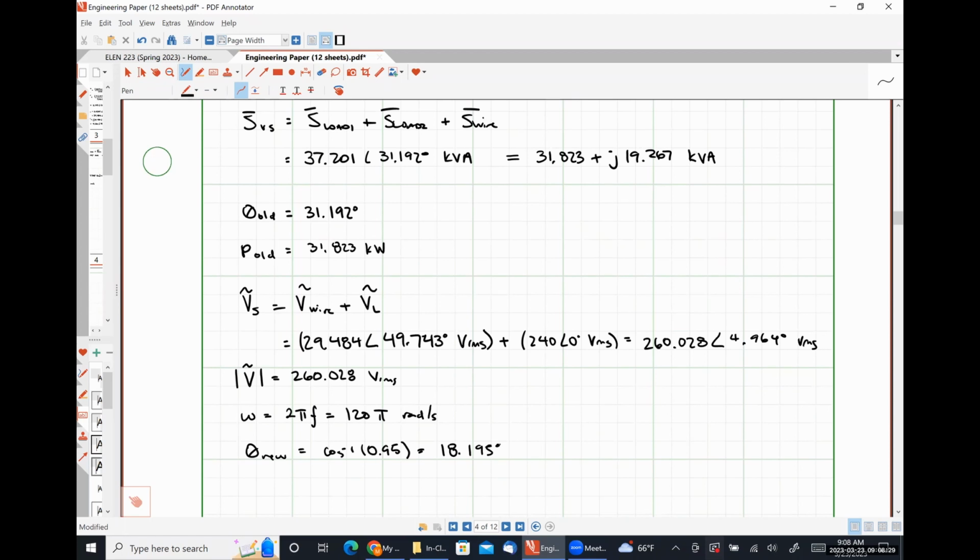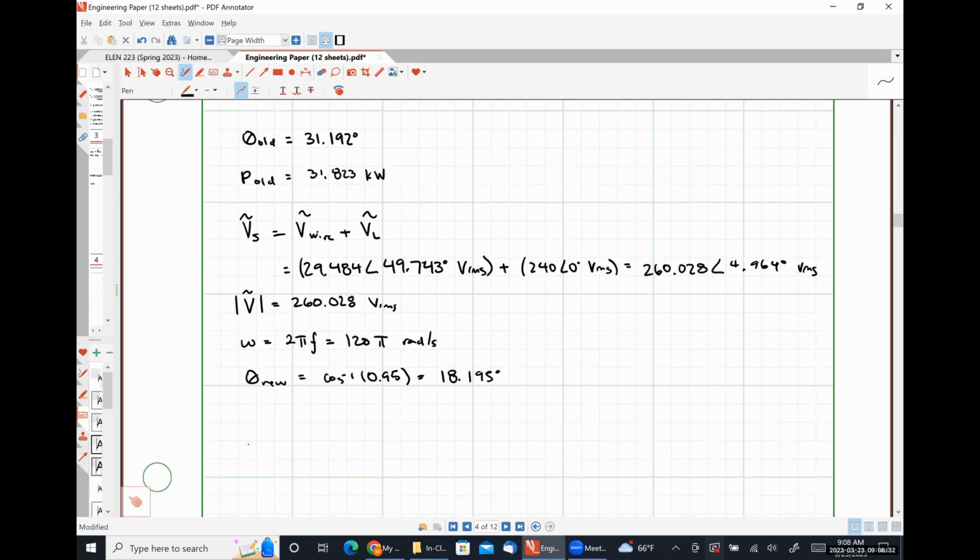All right. And now we can figure out C. C is P old times the tangent of theta old minus the tangent of theta new, divided by omega times the magnitude of our voltage squared.